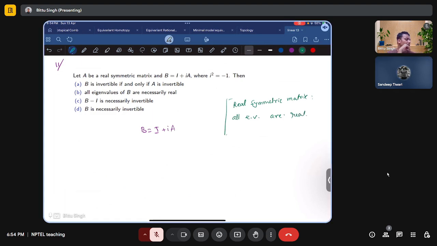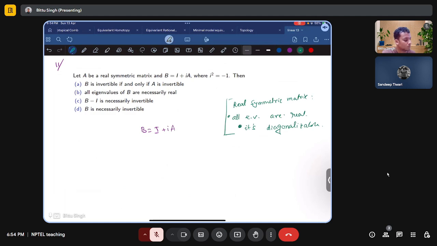Another property is that it is always diagonalizable over the reals. If instead of real symmetric it is Hermitian, that is also diagonalizable. So it is diagonalizable over R.